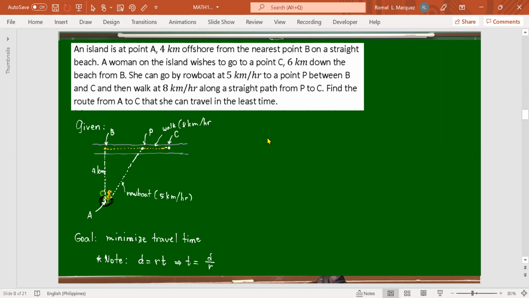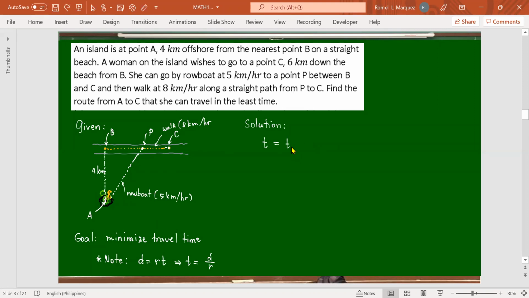Okay? So, our equation, so the total time traveled will be what? What is the total time traveled, guys? Time from A going to P. Am I correct? Iho? Yes, sir. Plus time going from P to C. Right?